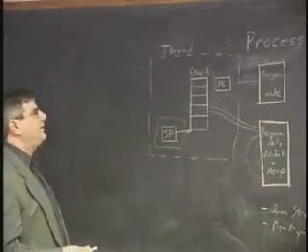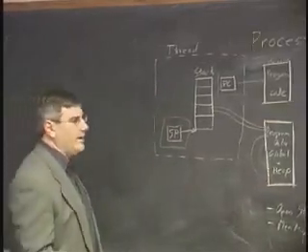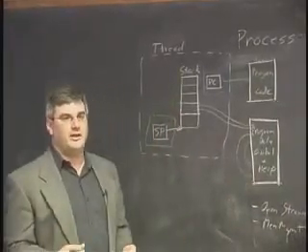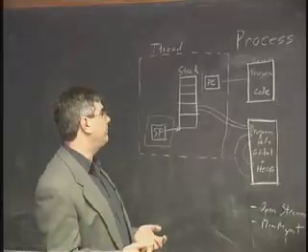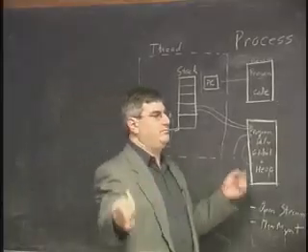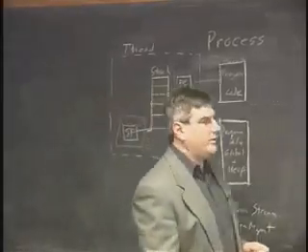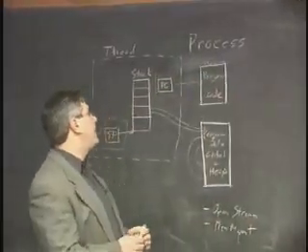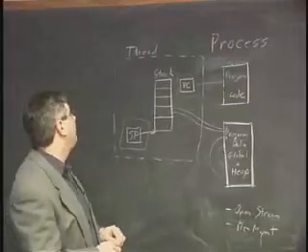Those techniques are difficult to program, and processes are fairly heavyweight objects. They take up a lot of computational resources. So you don't want to be forking processes all over the place, because they are pretty expensive.